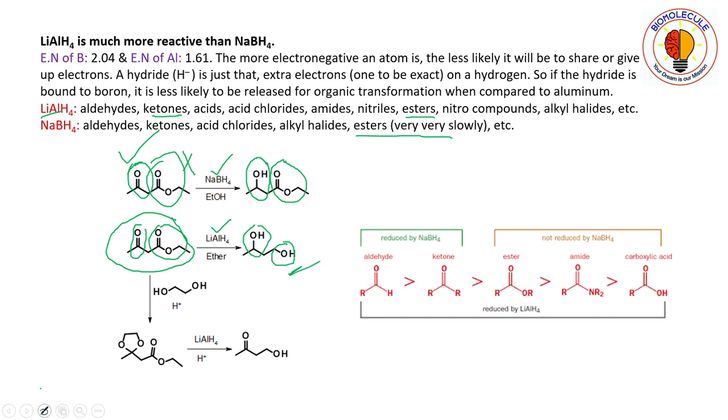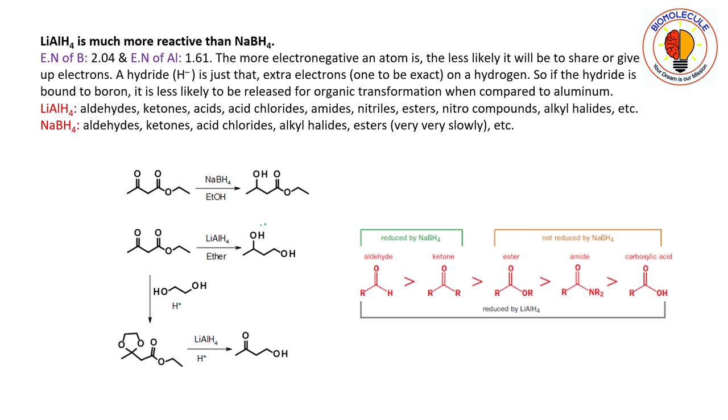So we are getting both reduced products if we use lithium aluminum hydride on this compound. But if we want to get the same compound as with sodium borohydride by using lithium aluminum hydride, what is the procedure for that?